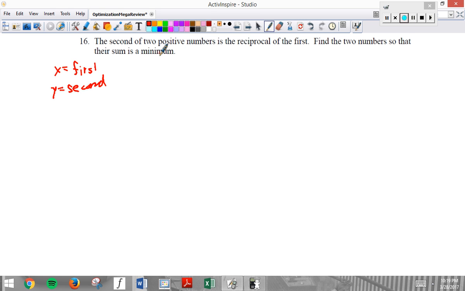The second of two positive numbers is the reciprocal of the first. Y equals 1 over x. That's hard for some people. That's the whole game right there for some people.